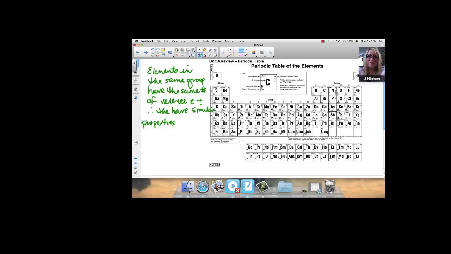What do we know? We know by looking at Table S that electronegativity and ionization energy decrease down a group, and they increase across a period.